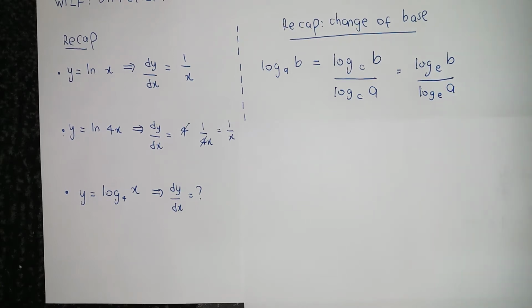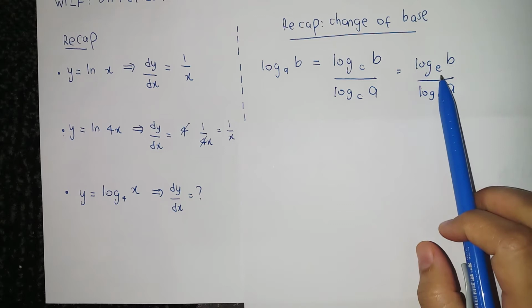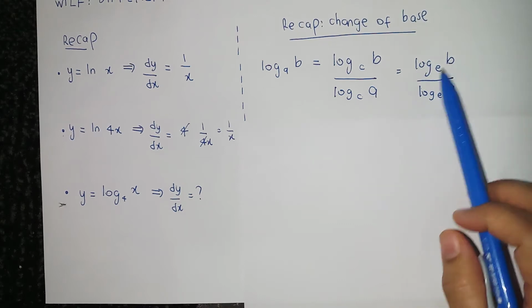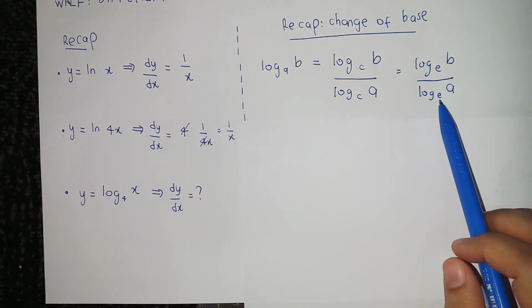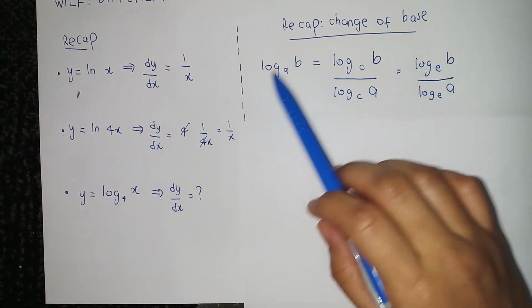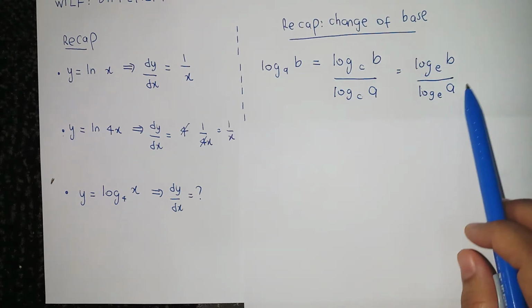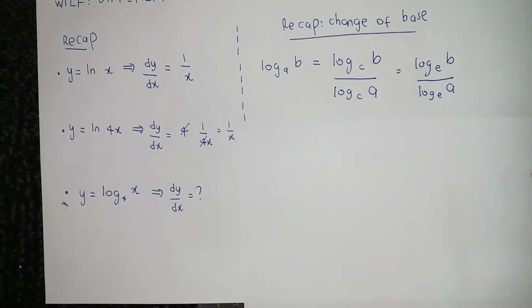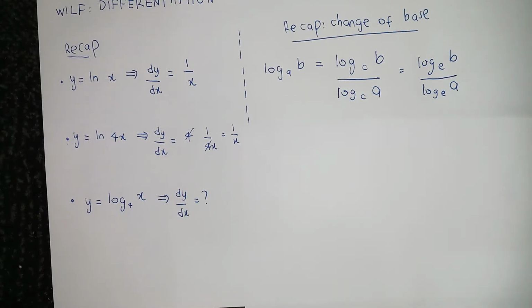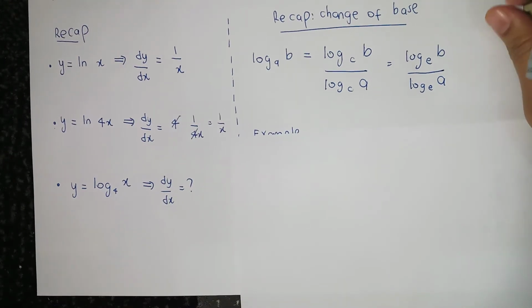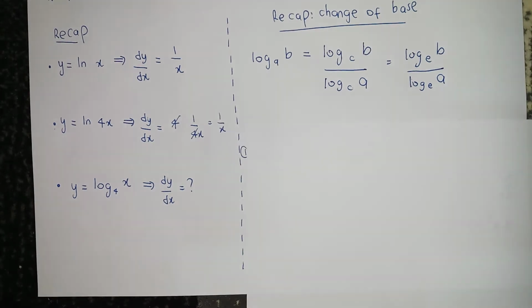You need to remember this method: log new base of the old number, over log new base of the old base. This is just a revision for you, so you should be well versed with this formula now. So now we go to the first example.